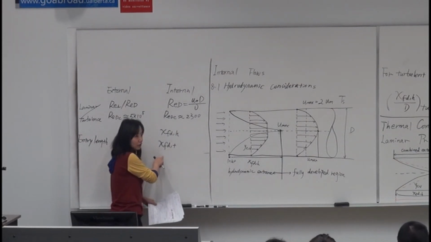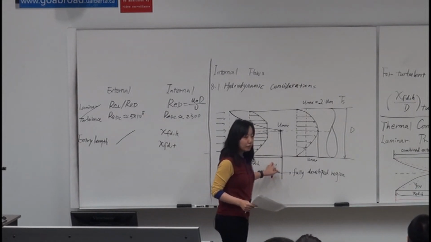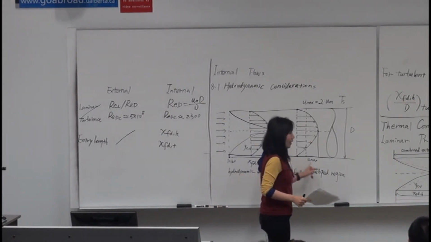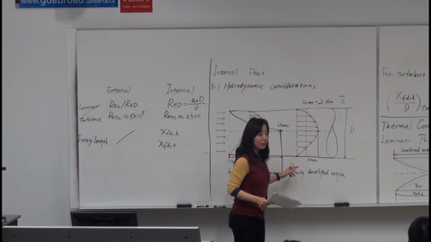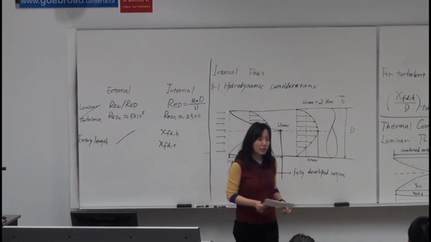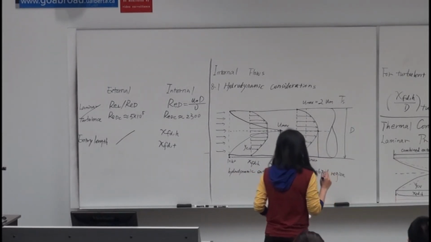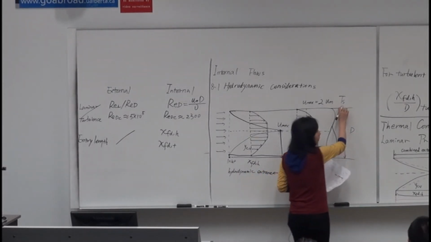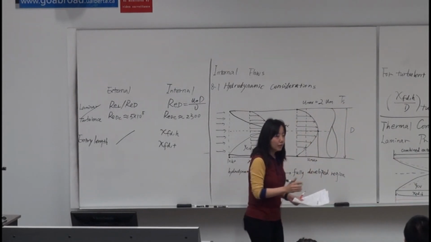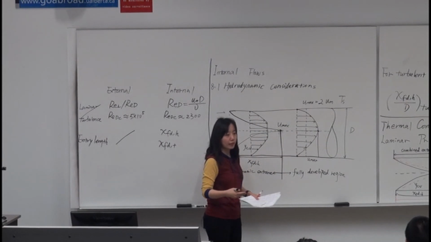I have a question for you guys. About the velocity profile, it keeps unchanged once it achieves this parabolic shape. How about the thermal profile, the temperature profile? Consider the case if we have a hotter tube and the fluid inside the tube is colder, which means it will get heated.